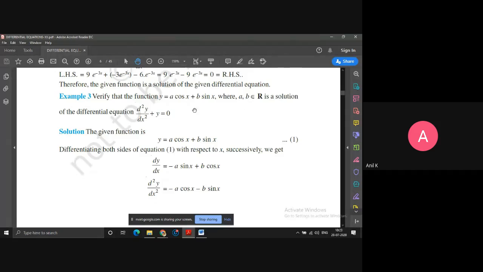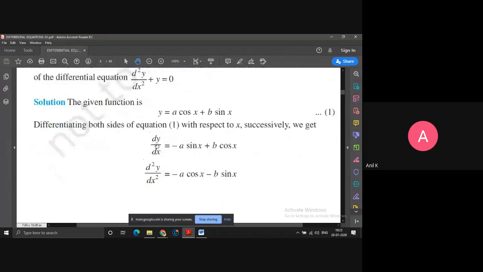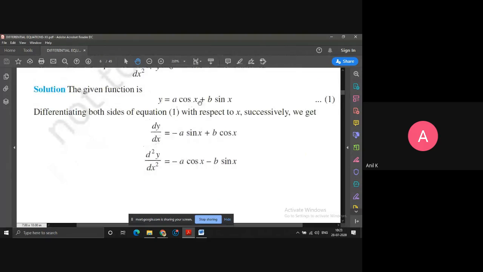Then you have to check whether it is a solution for the differential equation d square y by dx square plus y equals 0. I think this is very easy. First, you have to find dy by dx. Here y is given as a cos x plus b sin x. Then dy by dx: the derivative of cos x is minus sin x, so you get minus a sin x, and the derivative of sin x is cos x.